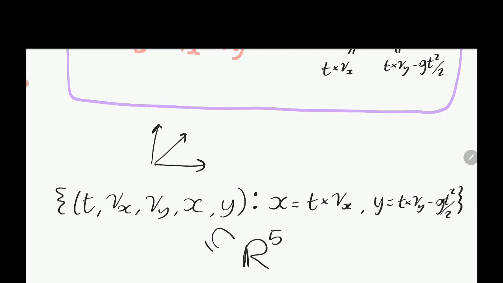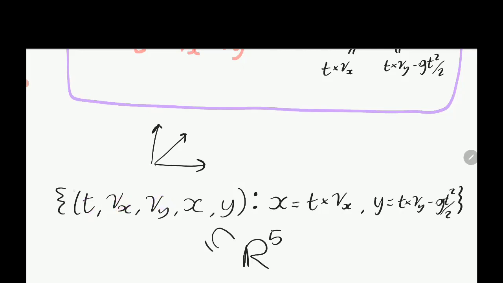Now let me explain. What I'm saying here is that we're interested in all of the quintuples, or 5-tuples, of numbers, the first number called t, the second number called vx, the third number called vy, and so on, but these are just names.